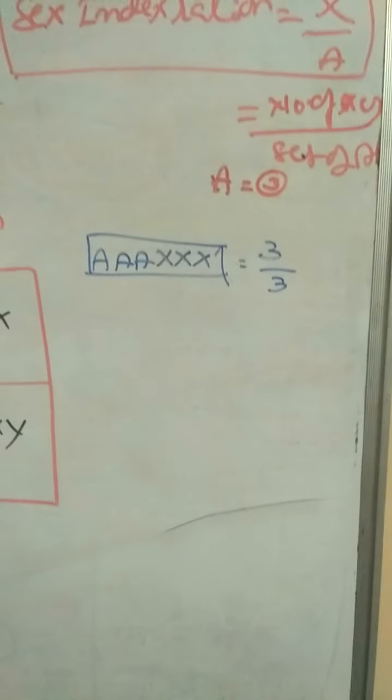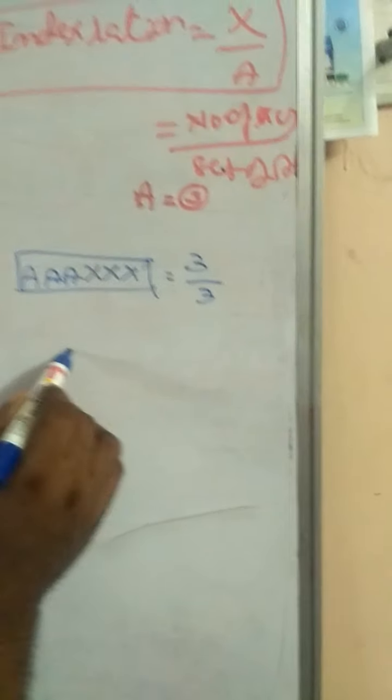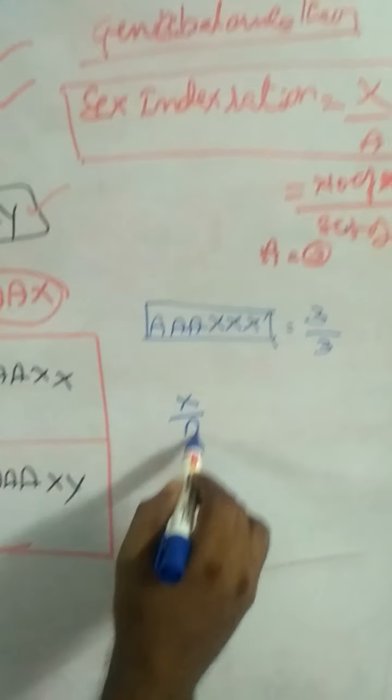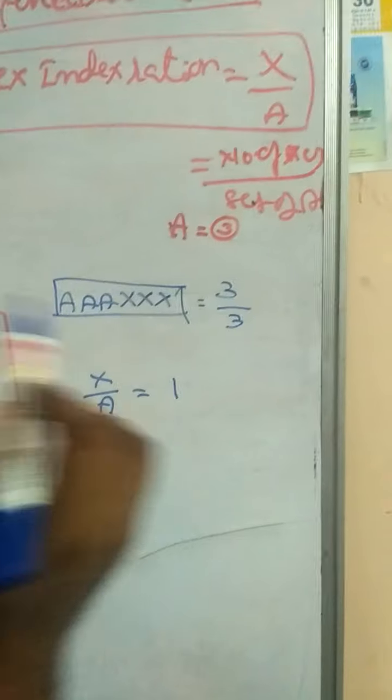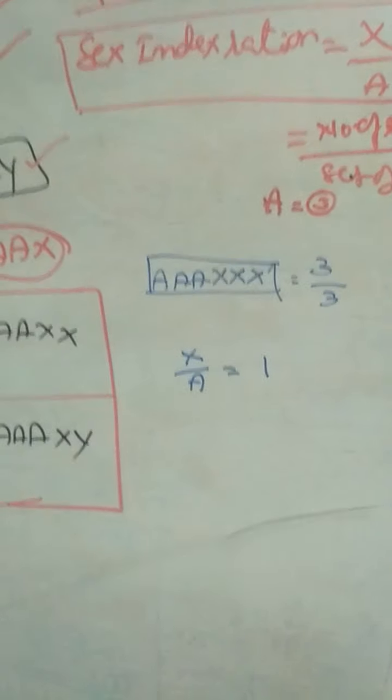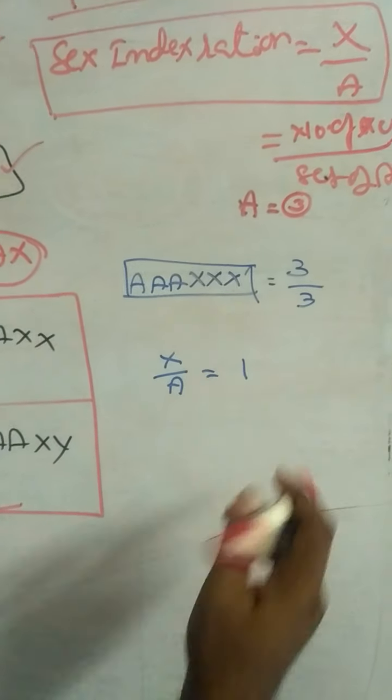So Bridges proposed the following values. If the X by A ratio is equal to 1, that is female.